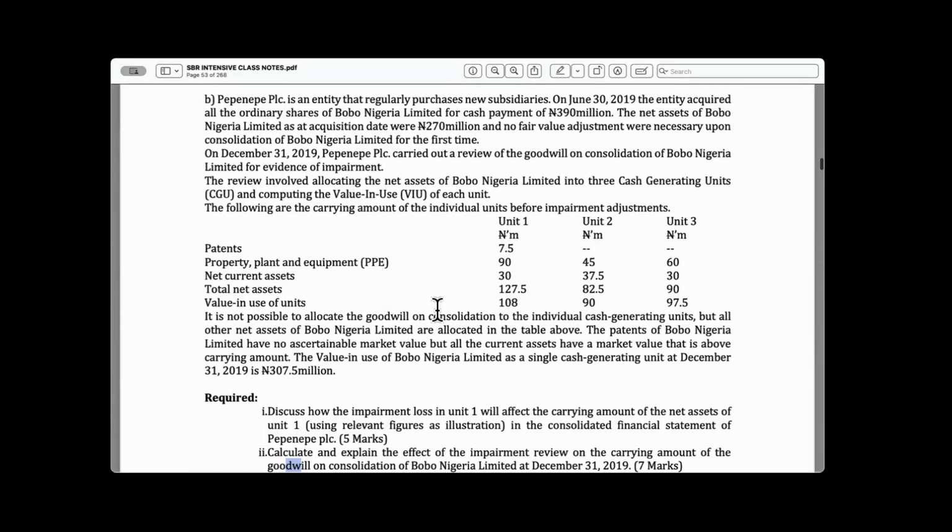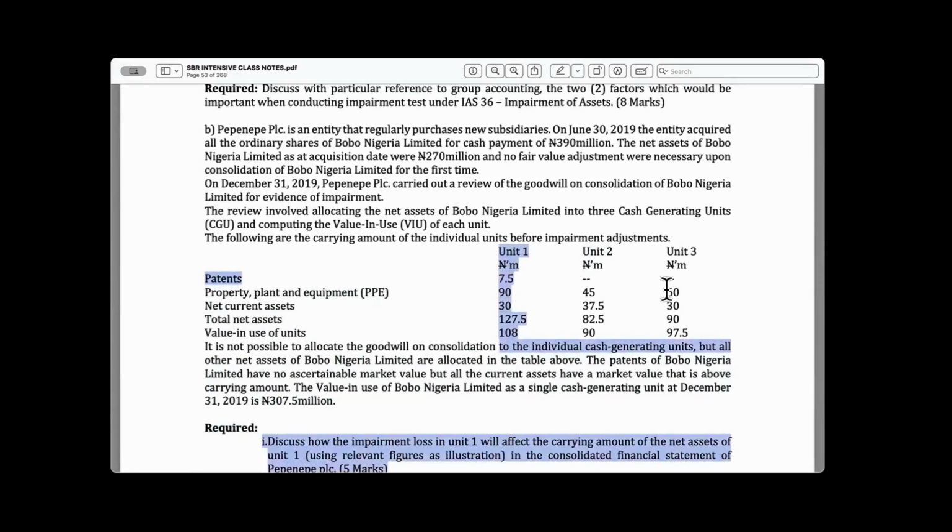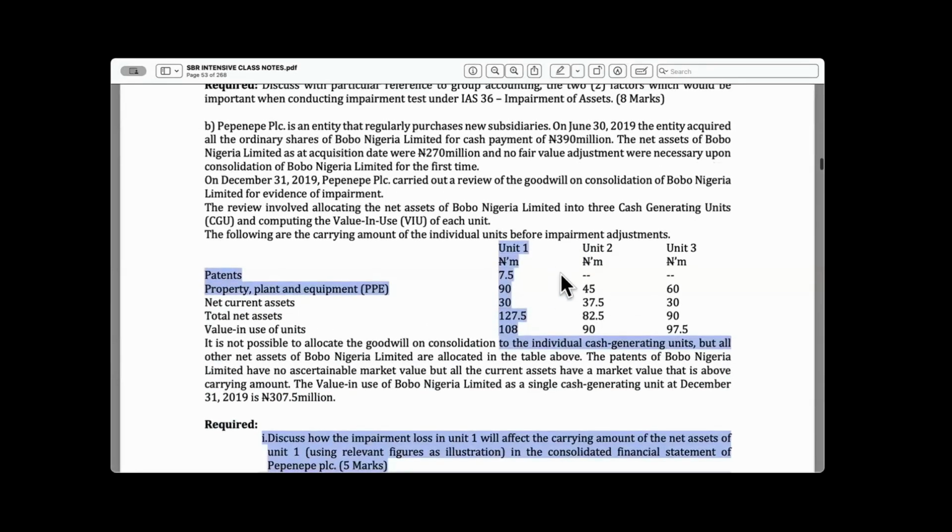So now you need to look at the entire company and get their impairment loss. The way that works is that you add unit one, unit two, unit three together as one.